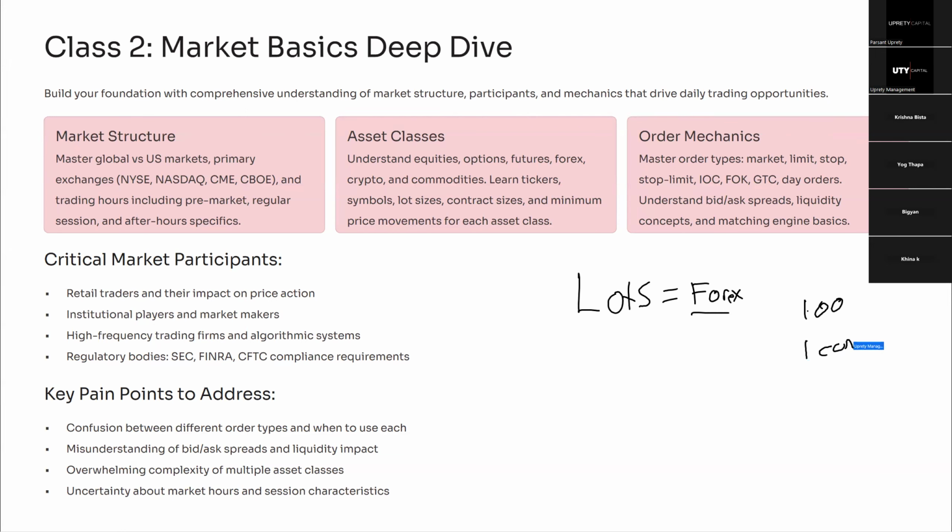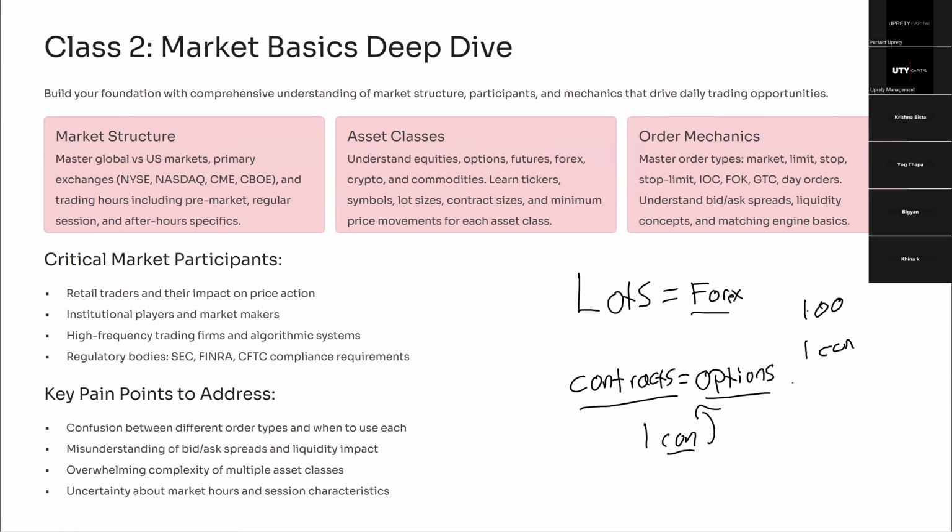And then we also need to talk about contracts. Whenever we talk about contracts, that's for options. So once again, contracts are for options. Whenever you hear us say one con, it just refers to contract. It's just a shorter way of saying contract. This is only for options.